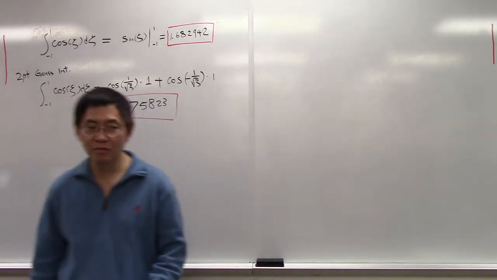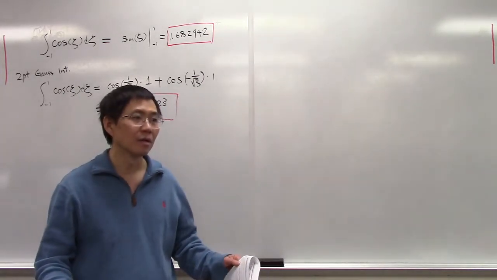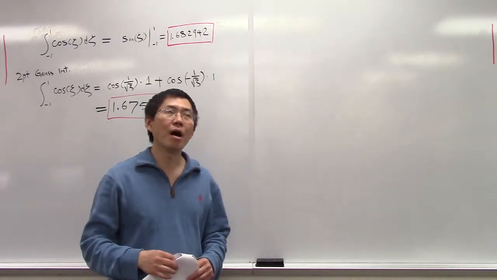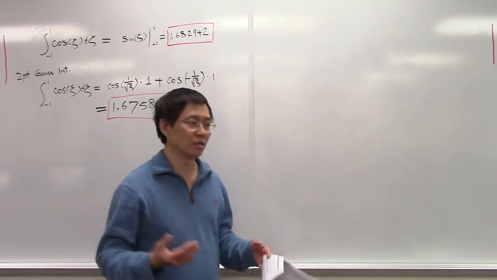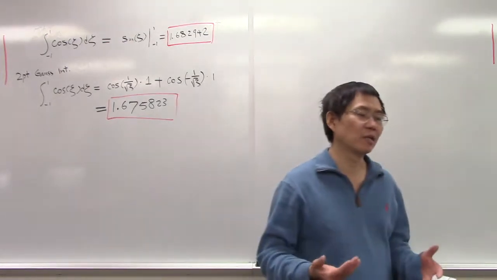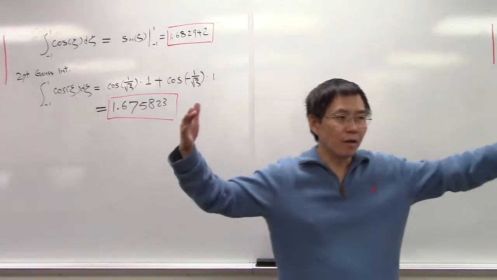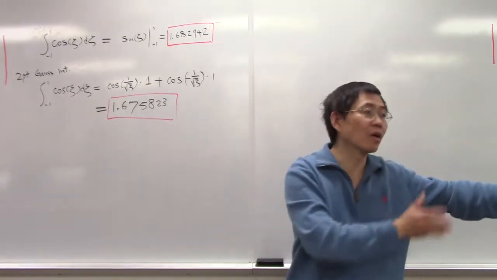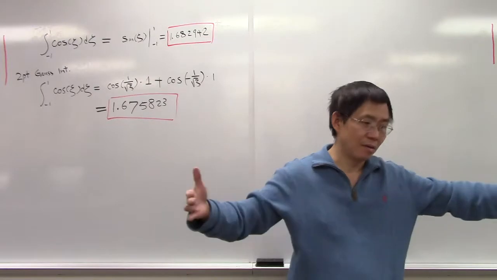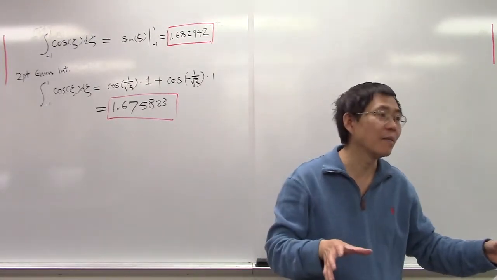Occasionally, you may consider using a 3-point Gaussian integration. A more efficient, more effective way to do the integration, if you have a long interval, is to chop it into smaller ones, maybe chop into 10 elements.